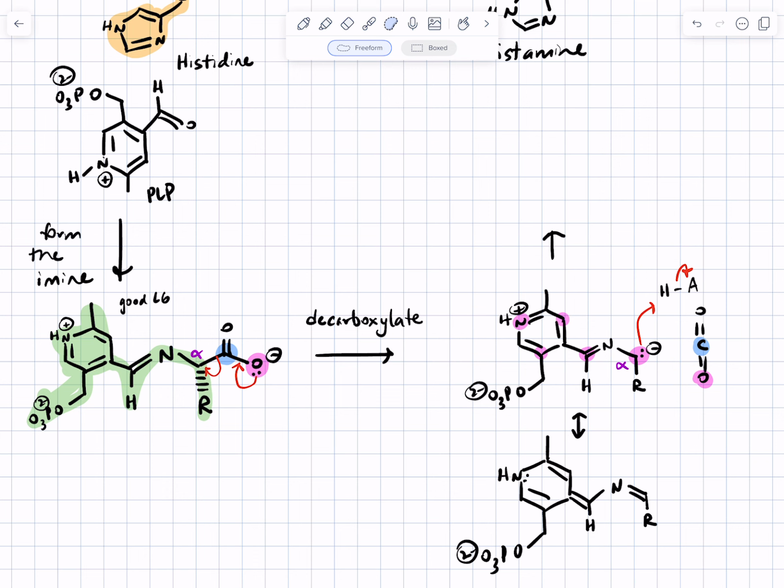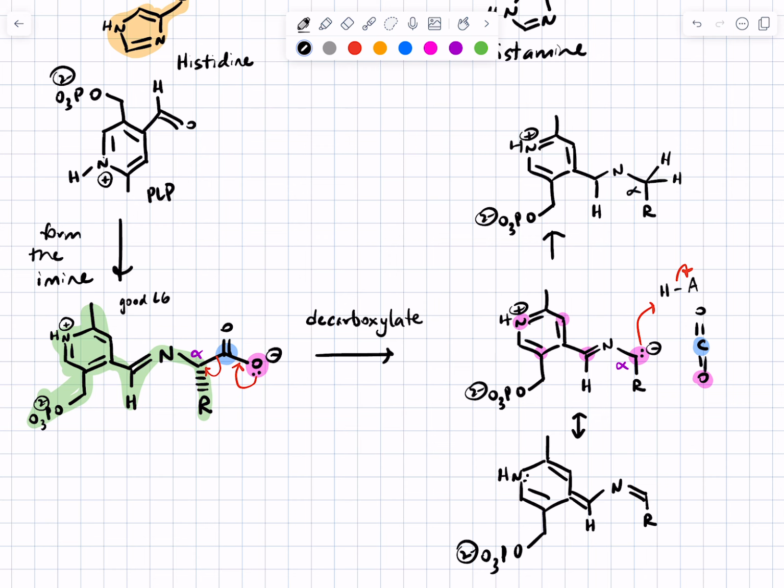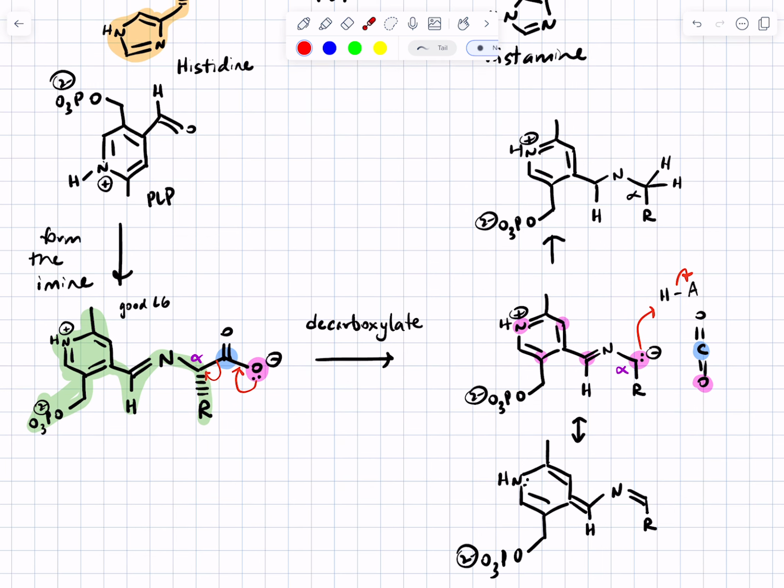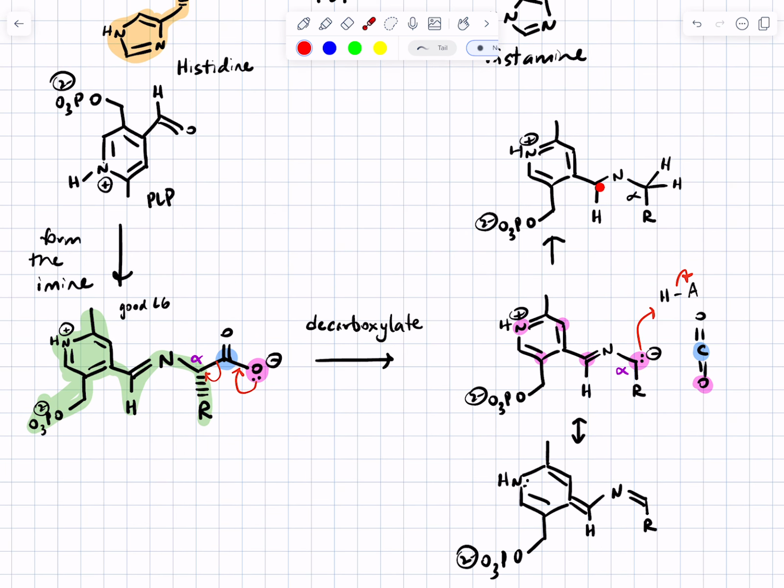So I'm going to save us a bit of time because we've got more important things to talk about today by erasing all the pink circles and putting hydrogen on that alpha carbon. There was already one there that's implied but not shown. In any case, it's still an imine.